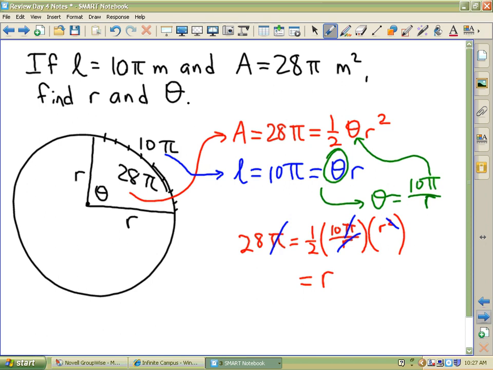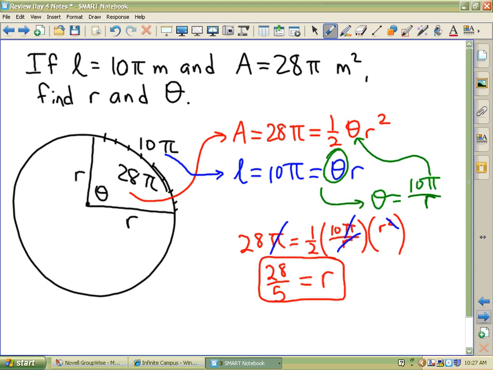Give me an r! There is no 420 anywhere near this problem, but we appreciate veiled drug references. 28 over 5! 28 over 5, there it is. That's r.